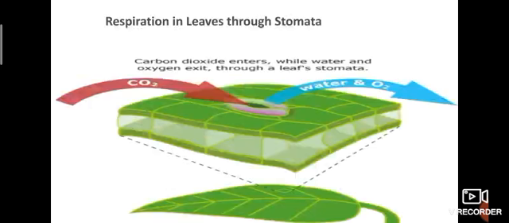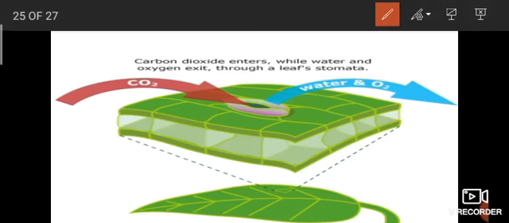What is this? Yes, this is stomata. The gas exchange occurs in stomata. See this, plants take carbon dioxide through the small pores. Through the pores it reaches the leaf, and the carbon dioxide reaches all parts of the plant.